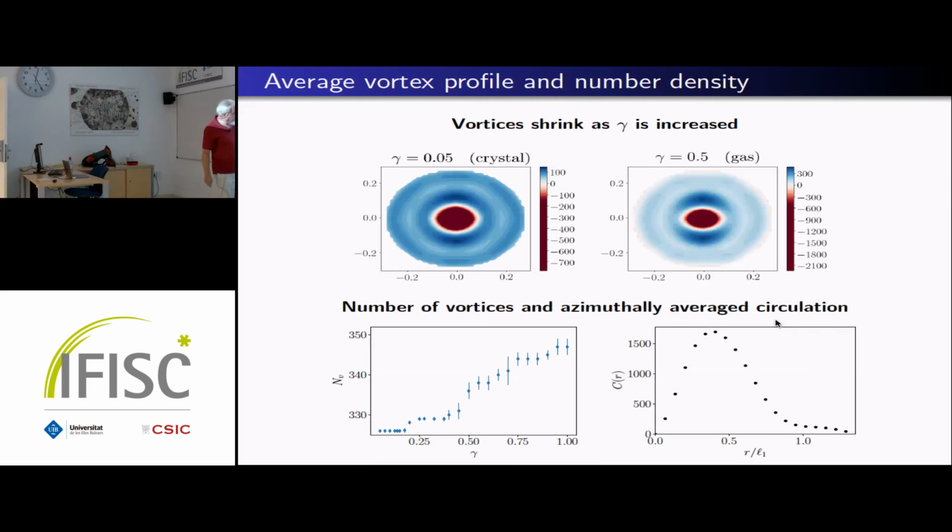But perhaps more relevant for our purposes is the circulation as a function of the distance from the center of a vortex, averaged over the vortices, and you see that the circulation builds up, but because of the shield with the opposite vorticity, the circulation actually goes to zero, roughly at length L1, which remember L1 is 2 pi over K1, and that is the largest forcing scale that we force via the instability. So beyond that scale, the vortices do not advect each other. It's very different from the usual kind of point vortex problem where vortices always know about each other.